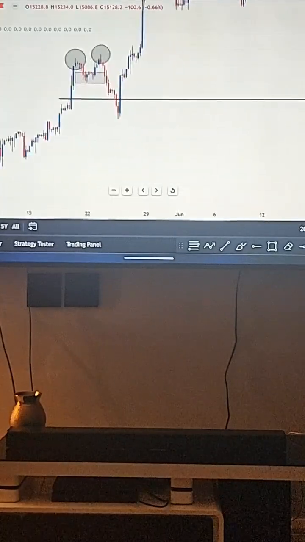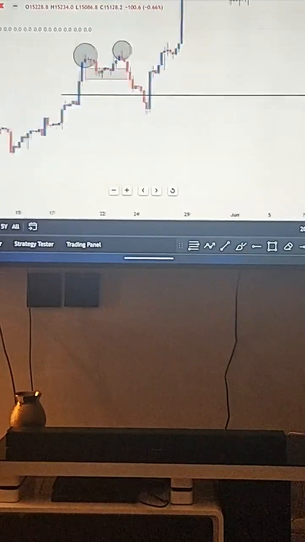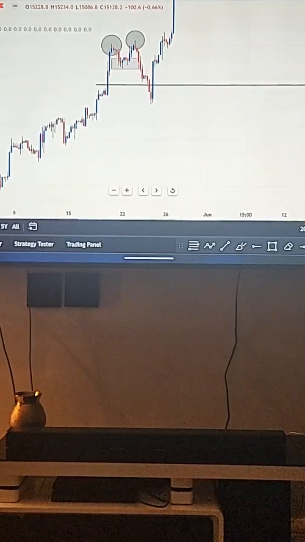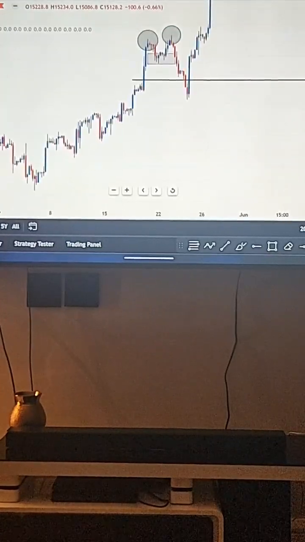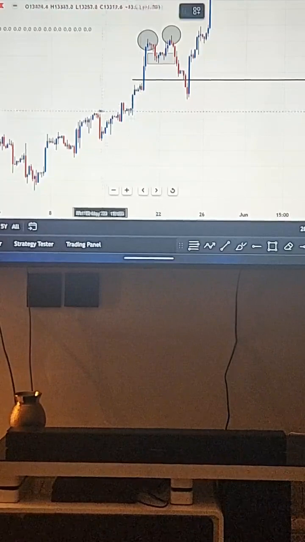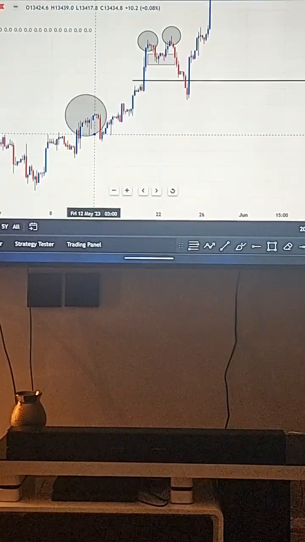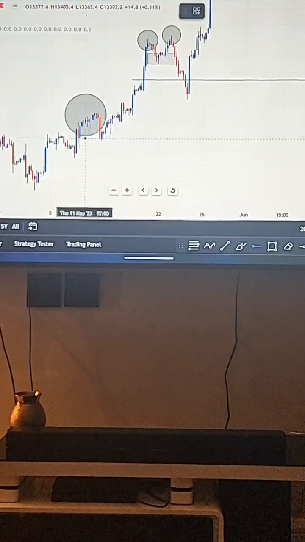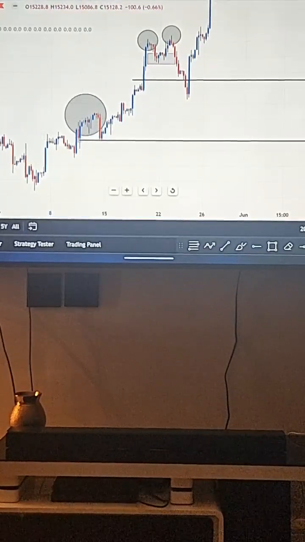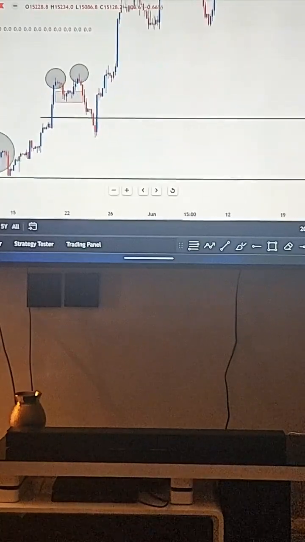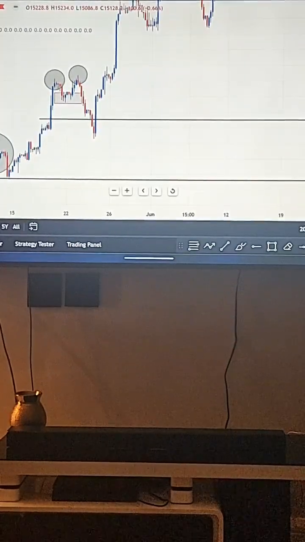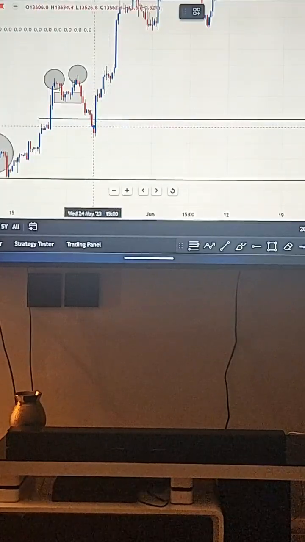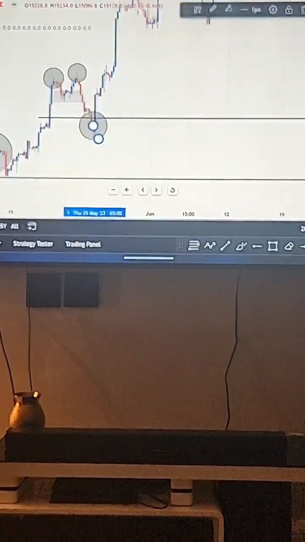So our low would then be created once again after such has taken place. So over here, they purge and they then come down, which then creates this low. So this is then the low, and that is then the high, which means that this is then the low, right?